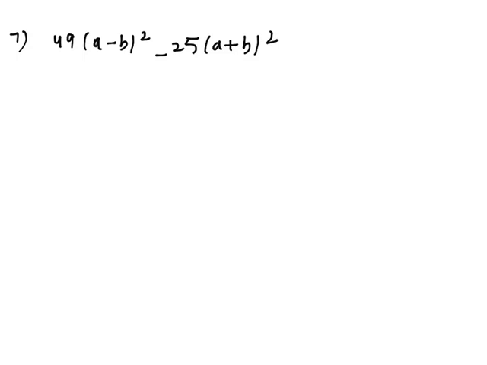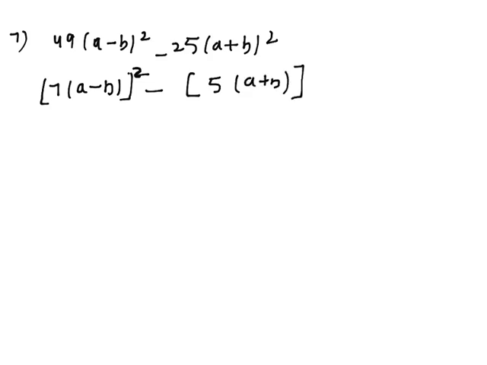So here we can write it as (7(a minus b)) whole square, as 7 square is 49, (a minus b) whole square. So we put it in one bracket. And to this we can write it as (5(a plus b)) whole square. It is the same thing.